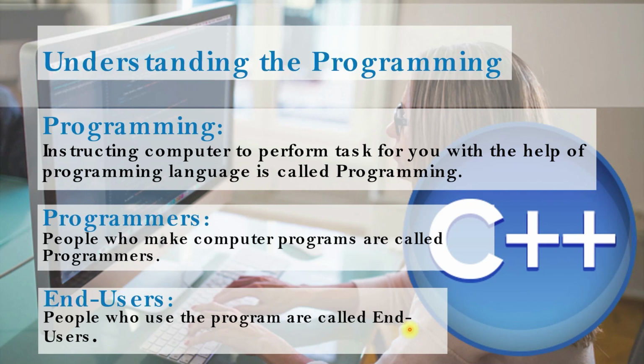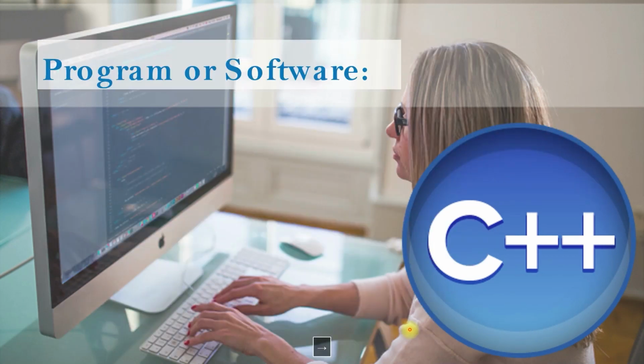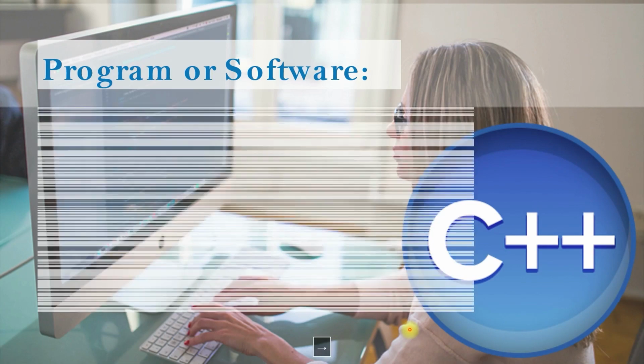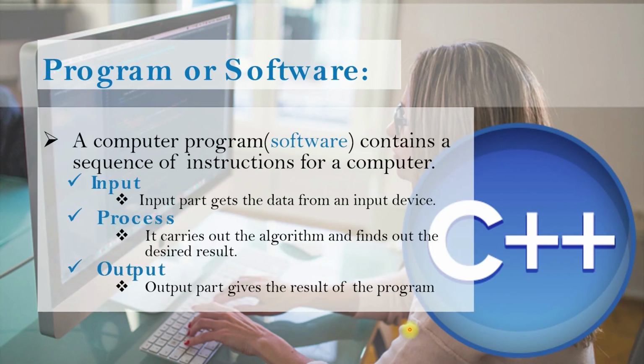And end users. Look, right now I'm using a PowerPoint program, so I'm an end user. Why? Because I didn't code that application, but I'm using it. So people who use the program are called what? End users. Program or software. What is software or program? A computer program or software contains a sequence of instructions for a computer.